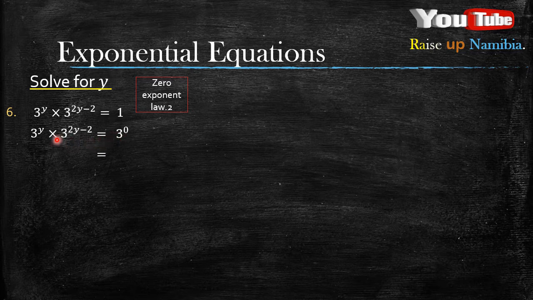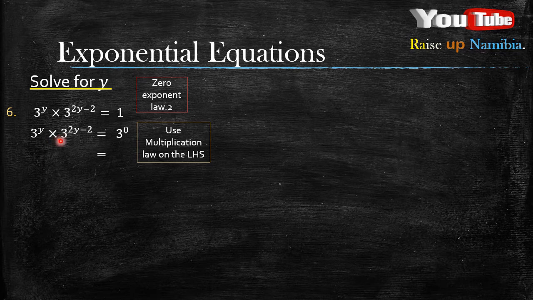But when you look at your left hand side, there is a multiplication sign in the middle. Okay? So what do we do with that multiplication sign? We carry out the multiplication law. Okay? So, what does the multiplication law state?